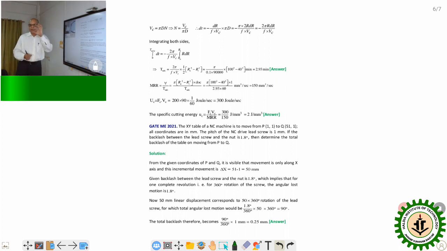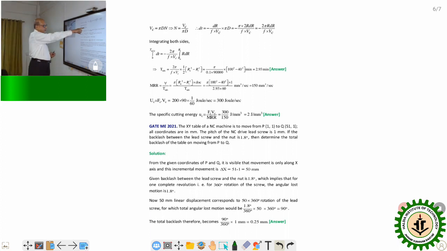So to calculate the total time while moving the tool from the OD, that is 200 millimeter, to the ID, that is 80 millimeter, you just go for the integration. So 0 to T machine dt equal to minus 2 pi by f into Vc. I have taken it out of the integration sign because it is told categorically that velocity will remain constant and also the feed employed is constant.